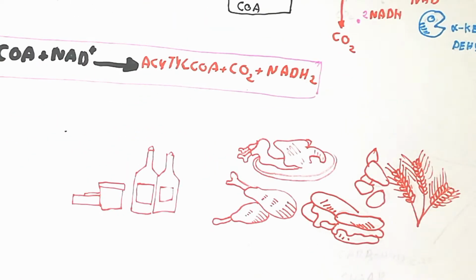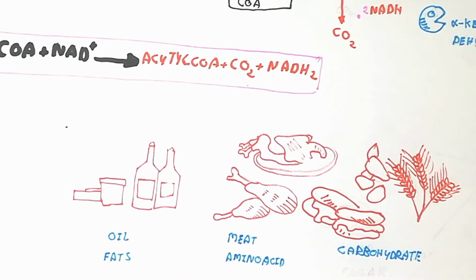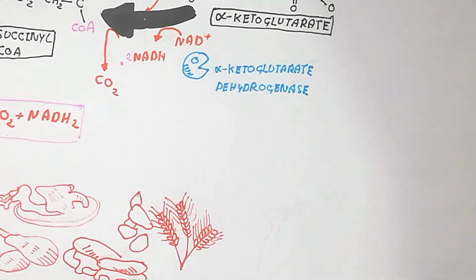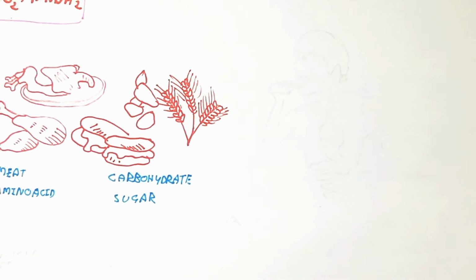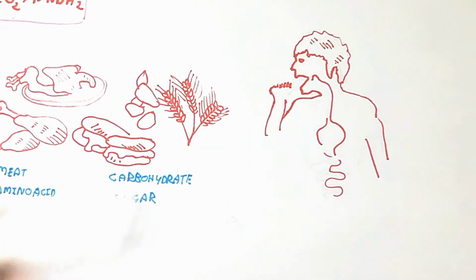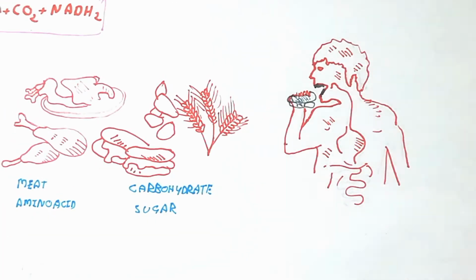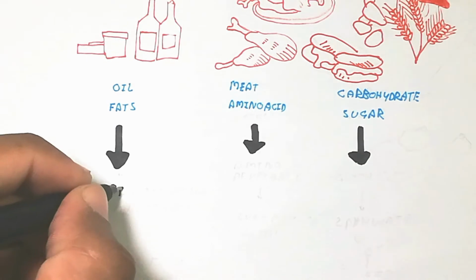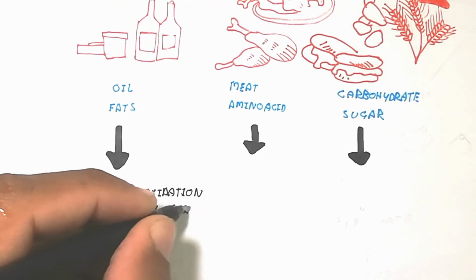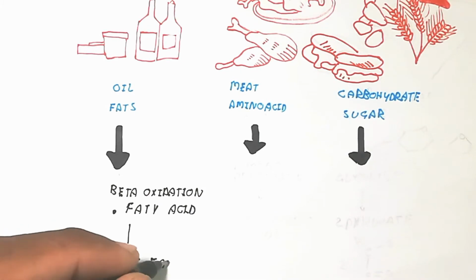So here is protein, carbohydrate and fat: oil, fat, meat, amino acids, and here is the carbohydrate. When we eat these things during lunch, dinner, snacking, fat will be converted by beta oxidation into fatty acids that go into the Krebs cycle.